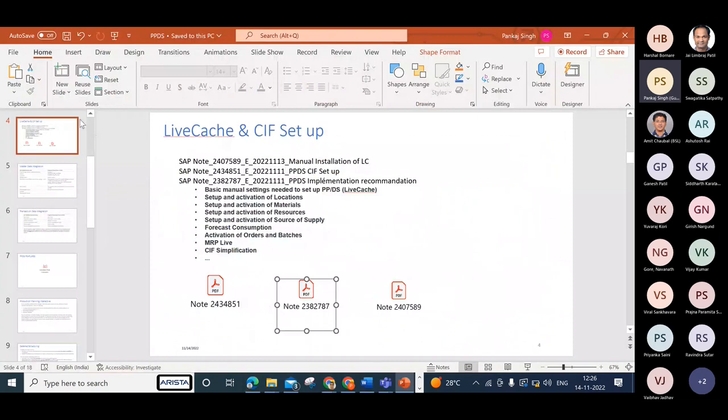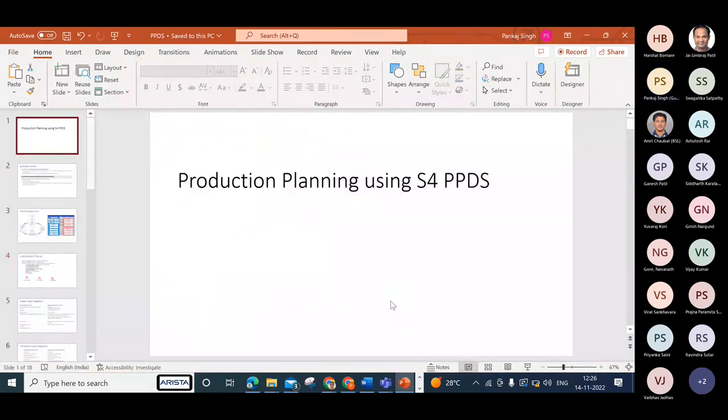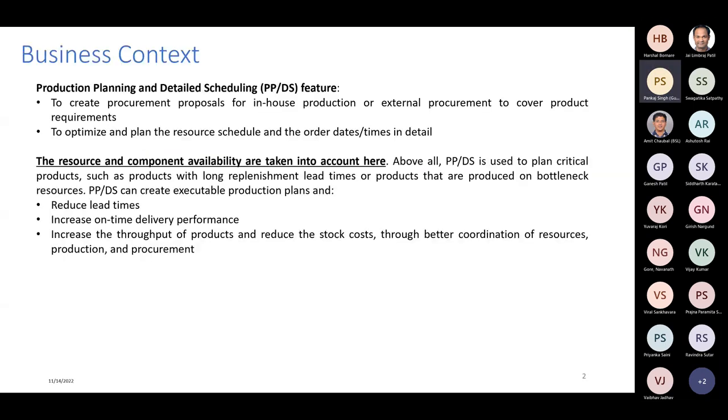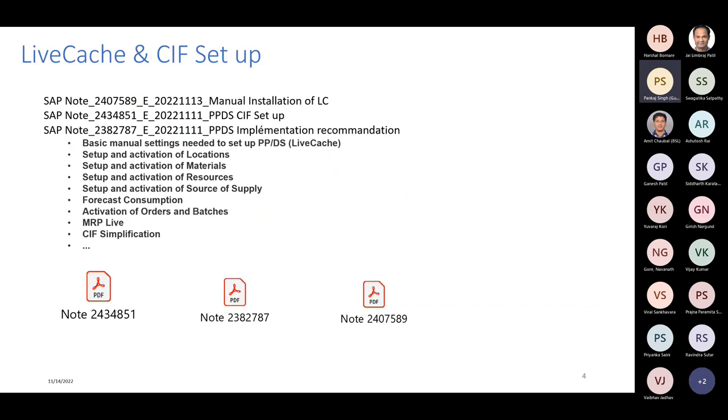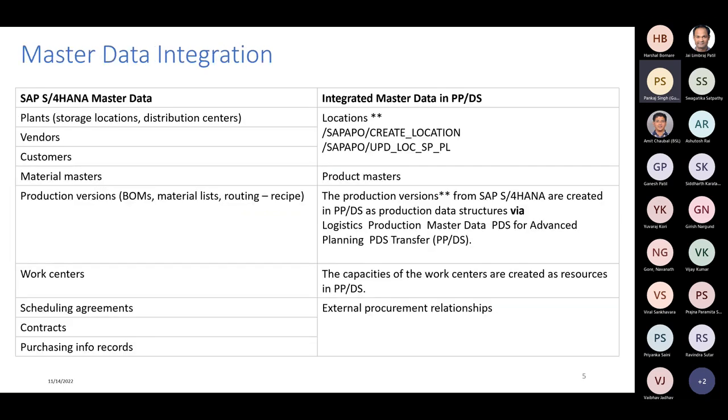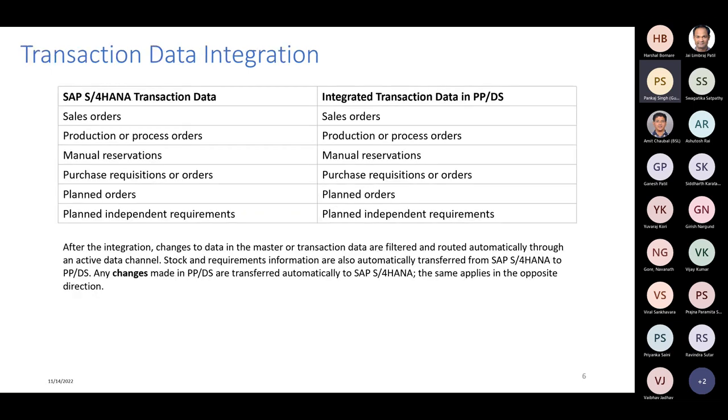I think for today we covered probably what you want to do. Business context, the process flow we talked about, the initial setup we just saw, high level details of these SAP notes, master data integration in larger depth, and then transaction data.